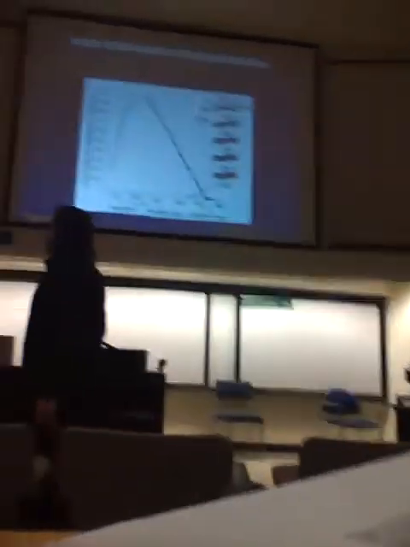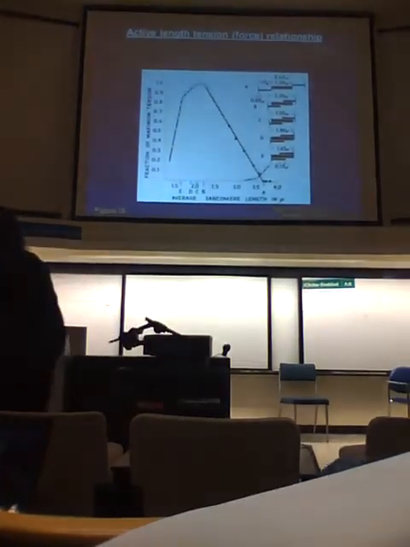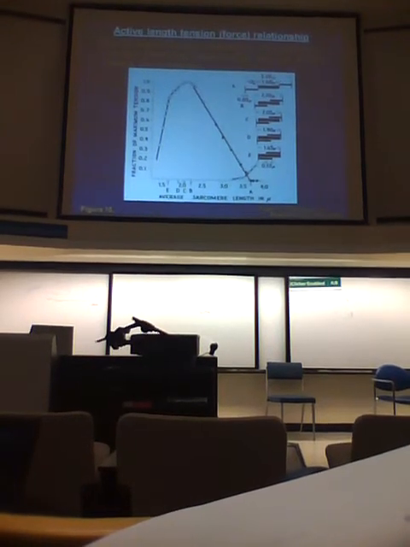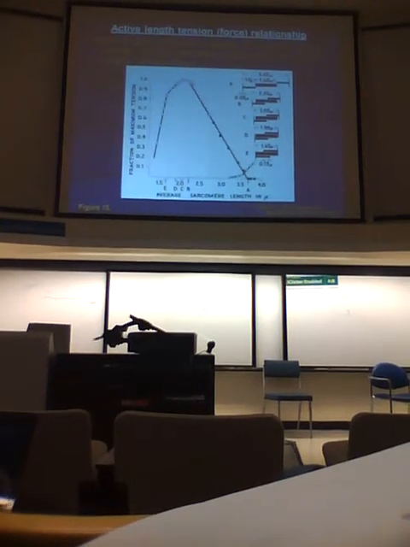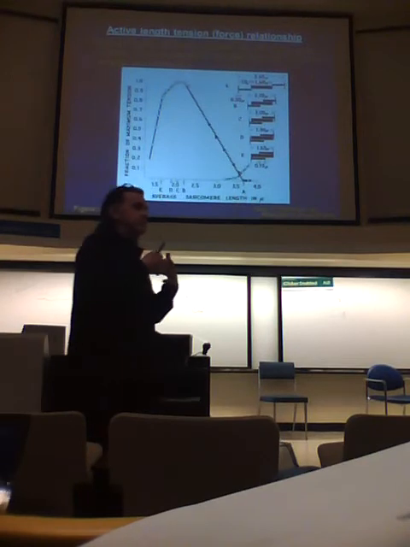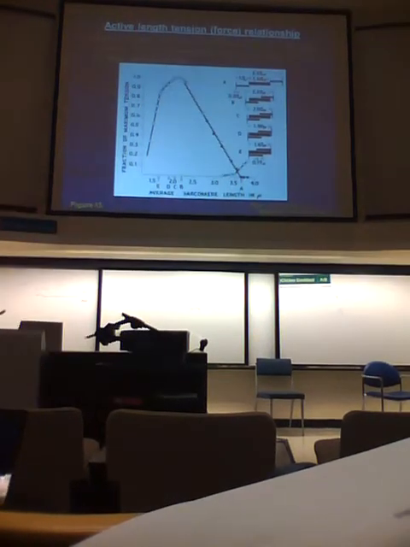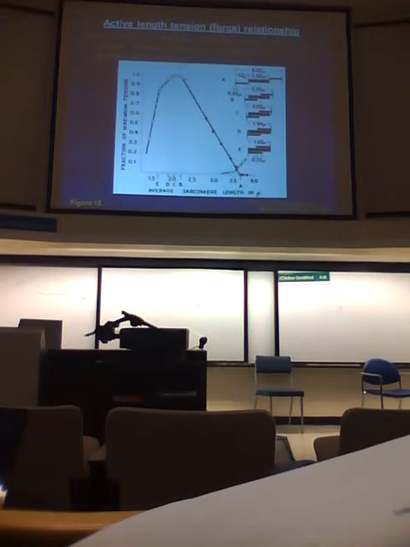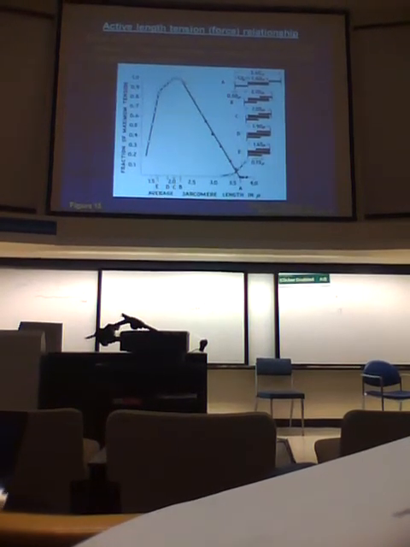But he's famous for this. And that's a neat bit of work. Well, that proved that actin filaments were pulled into the H zone by the myosin filaments. Big breakthrough.